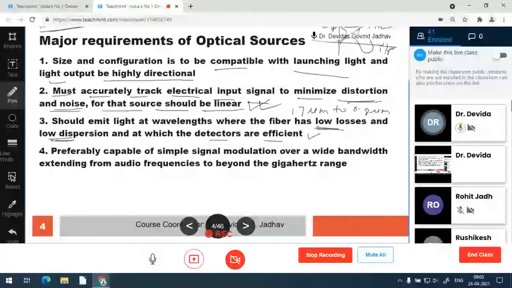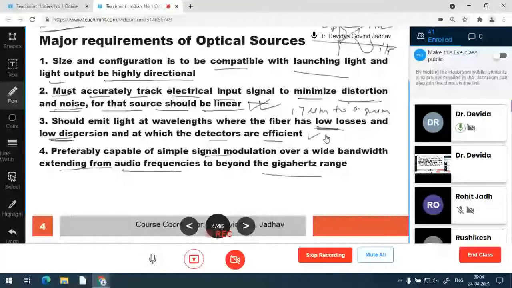So it should be simple signal modulation over a wide bandwidth, covering all frequencies from audio to the gigahertz range. Gigahertz frequencies are required in digital signals, and audio frequency is the start of continuous signals. So analog as well as digital transmission is possible with this source.